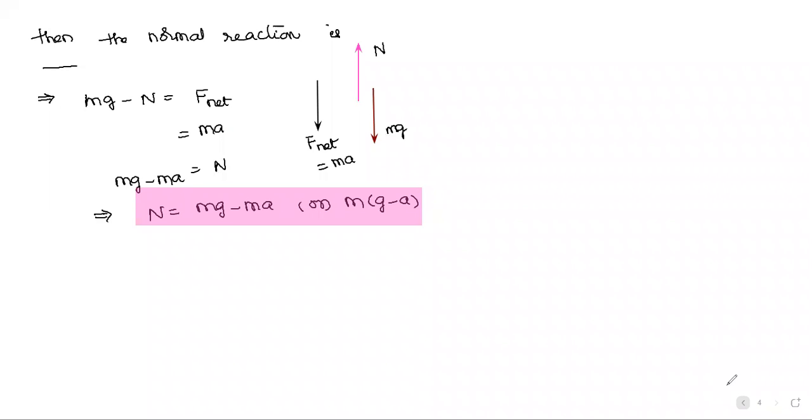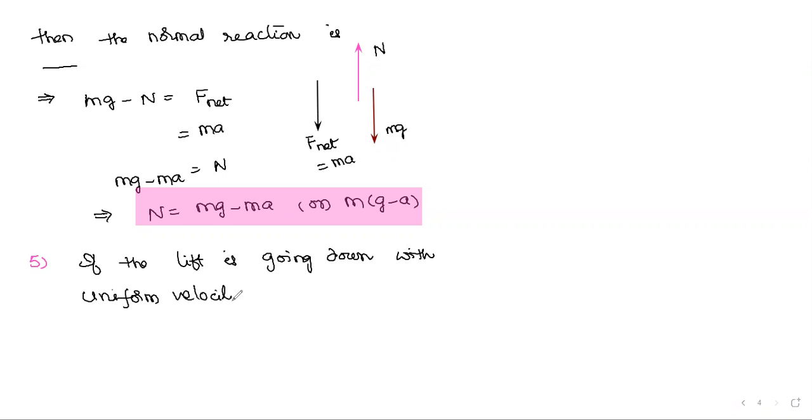That's why the next point, the fifth one: if the lift is going down with uniform velocity, acceleration 0, then N is equal to, again, mg. Okay, this is one more point here.